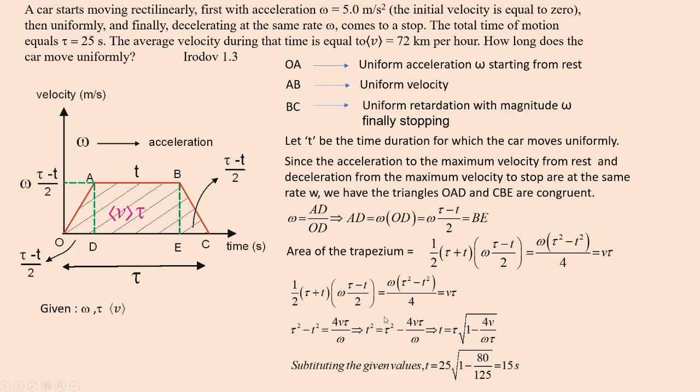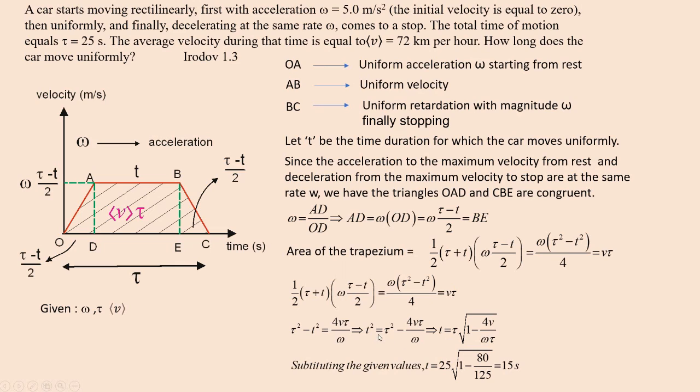Therefore T is equal to the square root. Take tau squared outside and put the bracket. But here there is only tau, so you divide by tau and multiply by tau, and tau squared is taken outside.